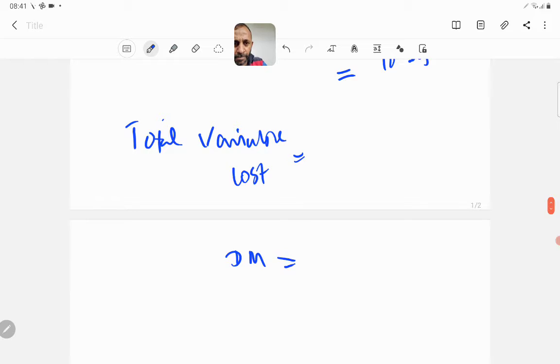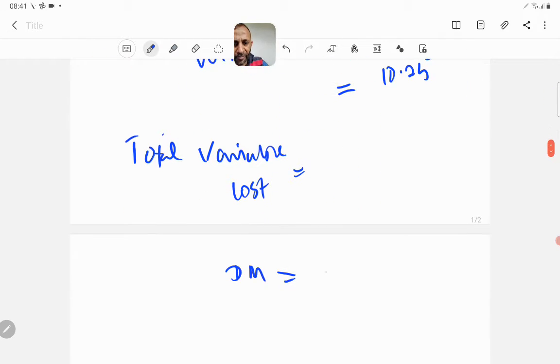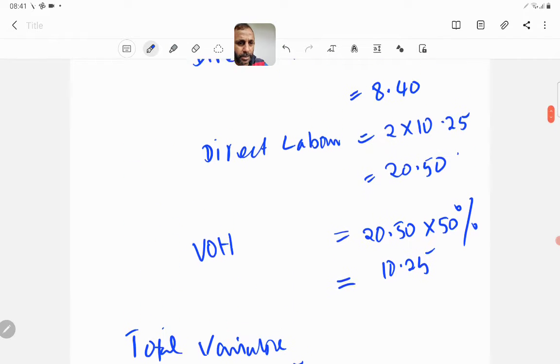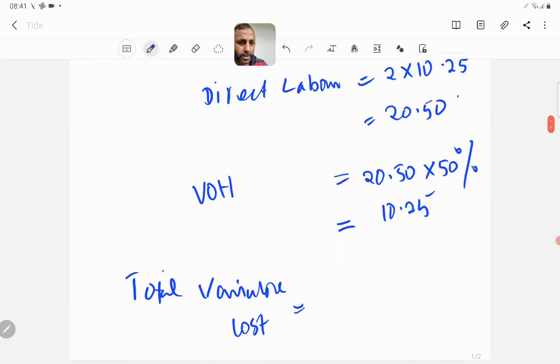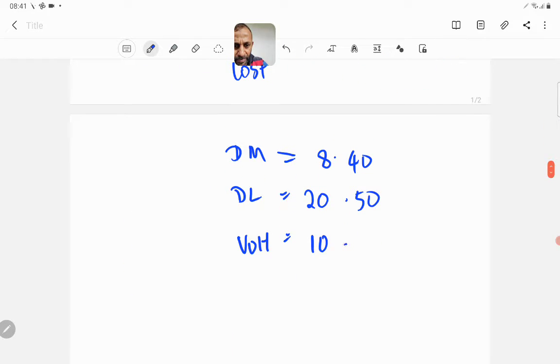Direct material 8.40, direct labor 20.50, variable overhead 10.25.